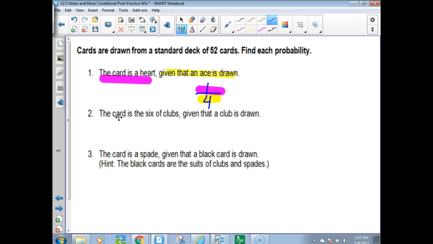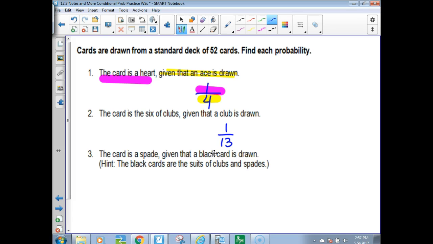The next one is about cards as well. The card is the 6 of clubs, given that a club is drawn. First, how many cards are clubs? 13. How many of them are 6s? 1. So 1 card in those 13 cards is a club and a 6. Probability that a card is a spade, given that a black card is drawn.